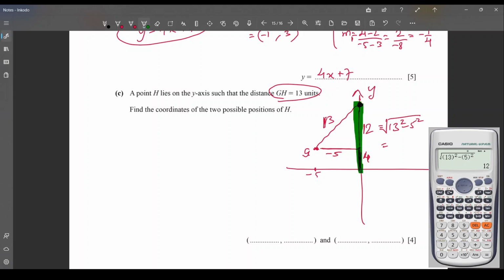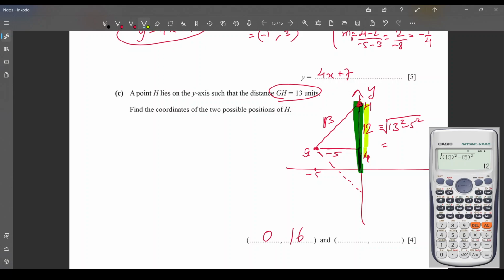So this is point H. So one of the coordinates is 0 comma, the total, 12 plus 4 is 16. One of the coordinates is 0 comma 16, and the other coordinate should be exactly like this, because the triangle can be drawn in this way also. So a similar triangle will be drawn over the bottom also. Already here we have 4 units, so the total is 12 here.